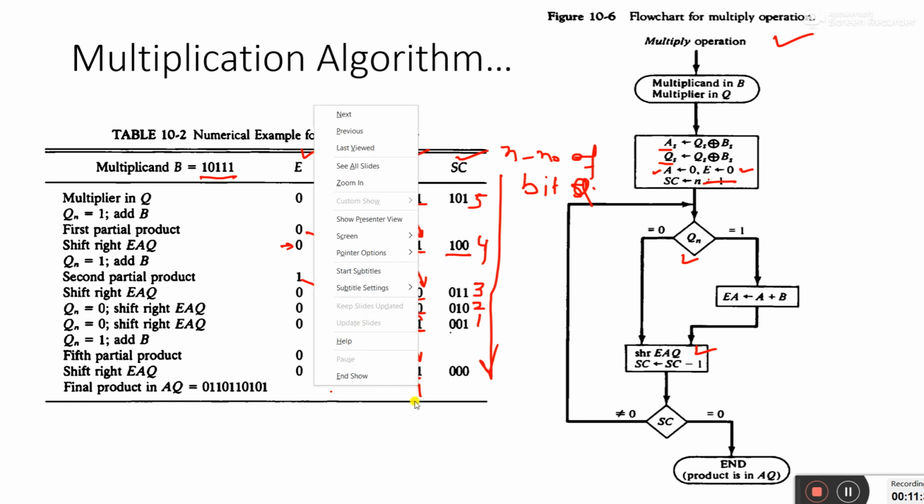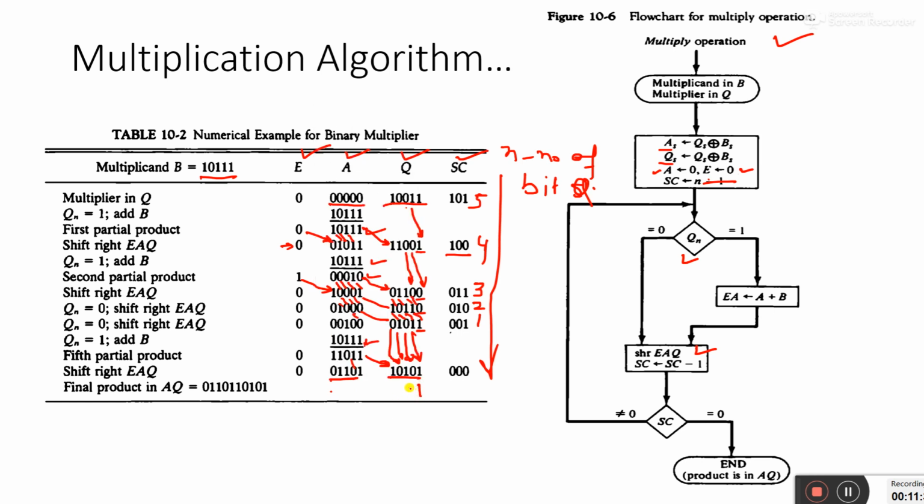So I will check it now. 1, 2, 4, 8, 16, 32, 64, 128, 256. Okay, so I have to just add all the numbers.